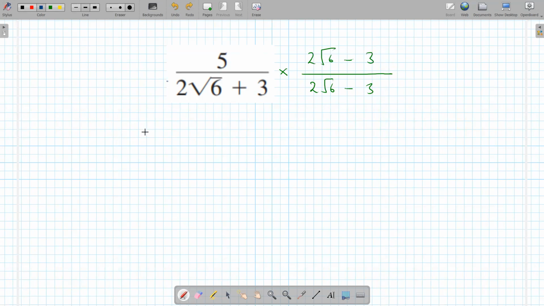So on the top, it's easy. You get 10 root 6 minus 15. What do you get on the bottom?